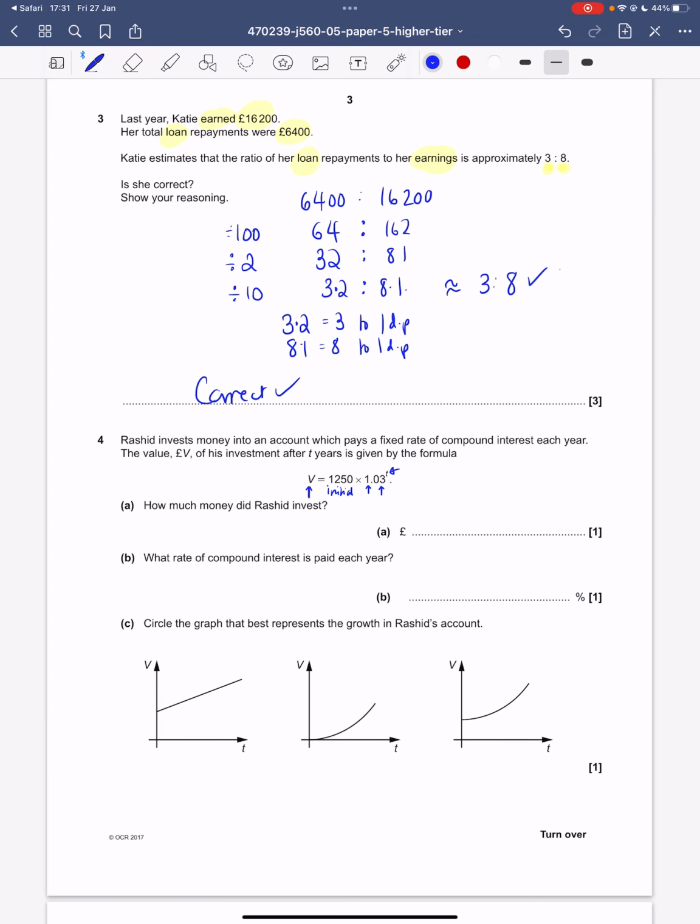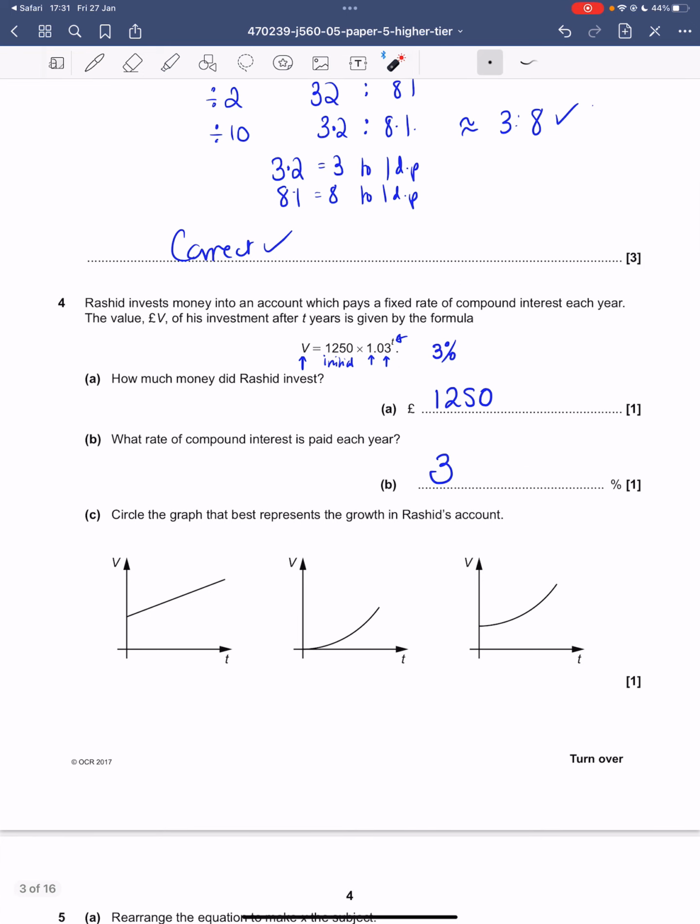0.03 gives us the interest rate. So it's actually 3%. Okay, so if it was a 3 in that position, it'd be 30%. When it's in the second decimal place, it's 3%. So how much did he invest? 1,250. The rate of interest is 3%.